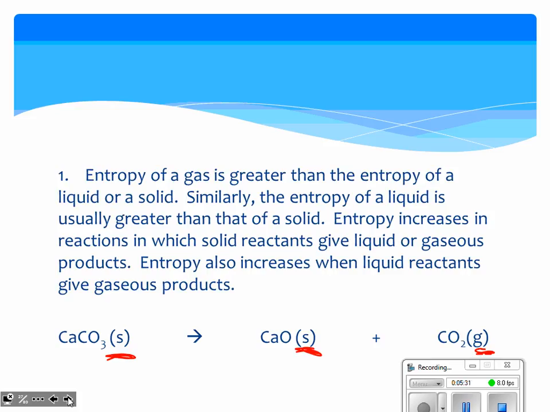So where is there going to be more disorder, on the reactant side or the product side? The products definitely are showing us more disorder. A couple of things. We can see it's going from a nice solid, one substance, into a gas on the other side. That is one hint that we're increasing the entropy. Another hint would be that I have one reactant, and it goes into two products. So that's going to be another one of the situations that we'll talk about here coming up.